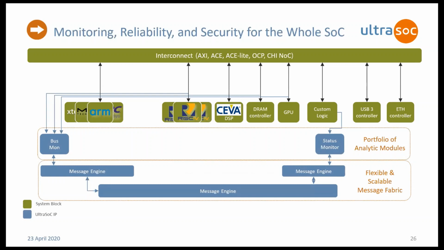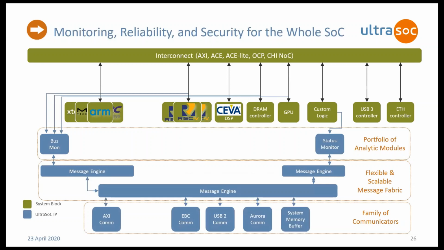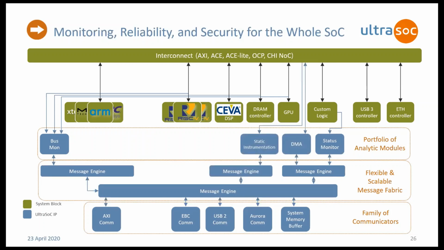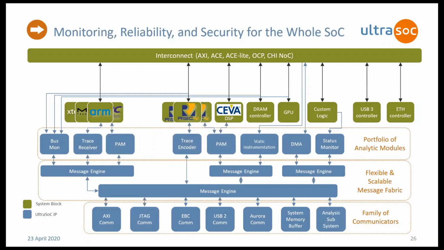debug infrastructure fabric to control and collect all the information, different communicators to allow debug software to interact with the debug and analysis IP that we provide, and the SoC instrumentation IP, trace and run control interfaces.